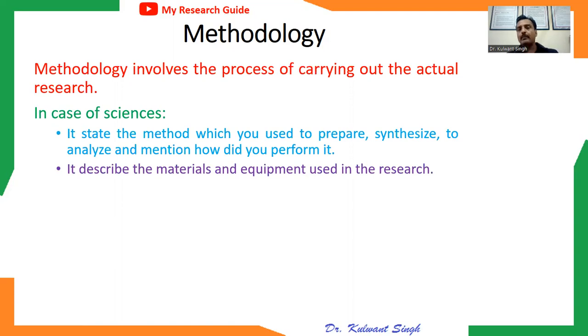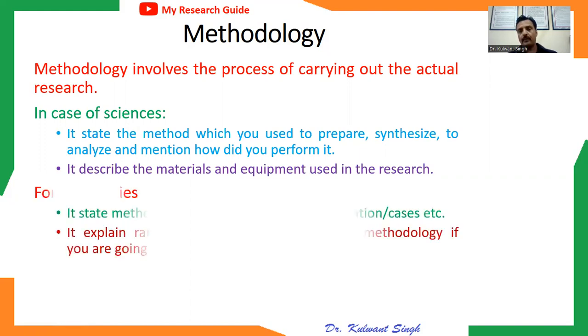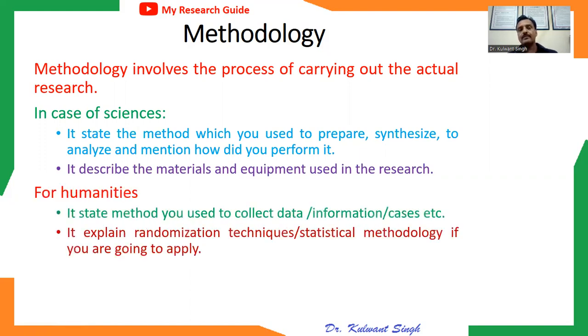It describes the material and equipment we are using in the research work. And for other streams, methodology states the method used to collect the data, any information, or any cases. It explains the randomization techniques and statistical methodology, if you are going to apply them.